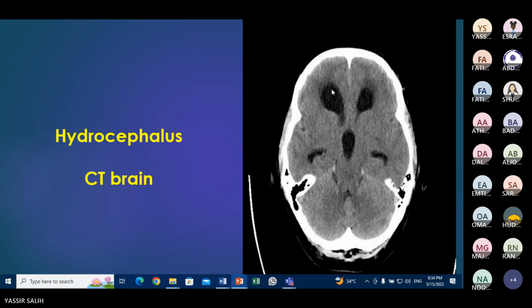Is this the fifth ventricle? Yes. Which ventricle is this? Okay, what is the lateral ventricle? Yes, lateral. Which part of the lateral?